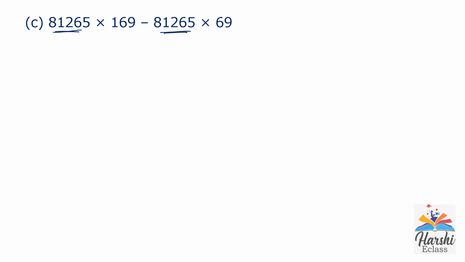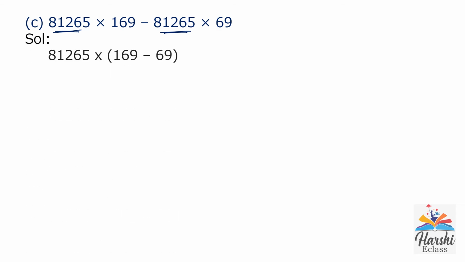Instead of multiplying 81,265 first with 169 then 69, we are going to write this number as a common number and 169 and 69 in brackets. It is based on distributivity of multiplication over subtraction.